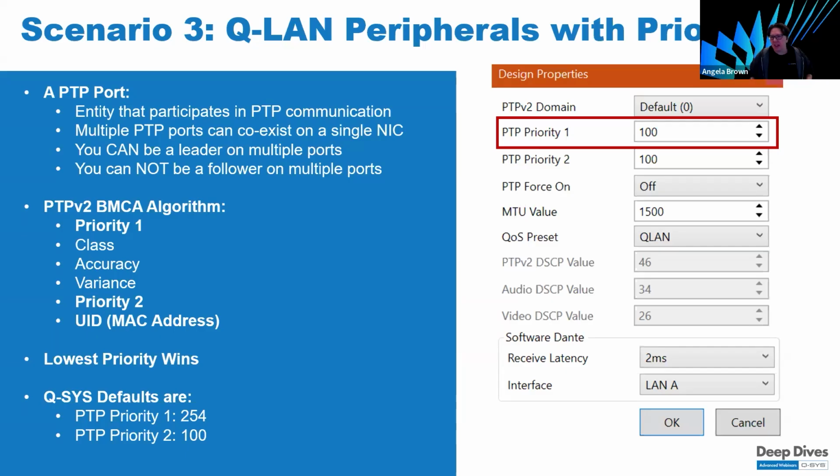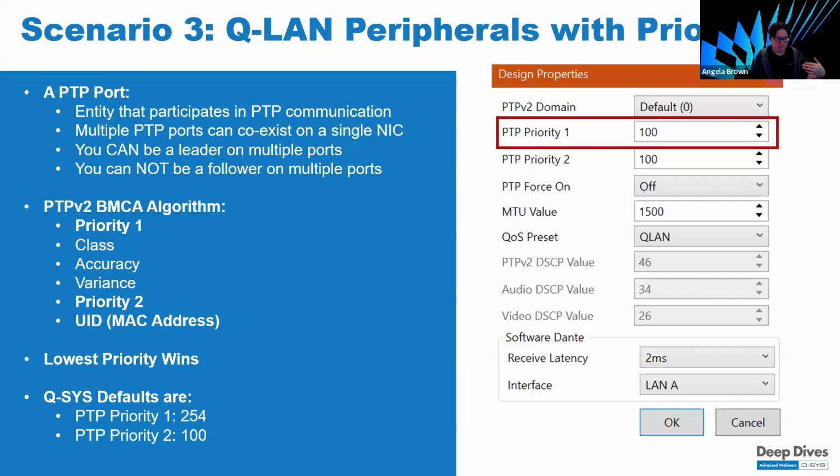And that means that if you look at a core where the default PTP priority 1 value is 254, that's where they're going to start fighting for the clock leader situation. You've got to be really aware of that, and you can force the issue by simply lowering the PTP priority 1 value of your core to something less than 127.